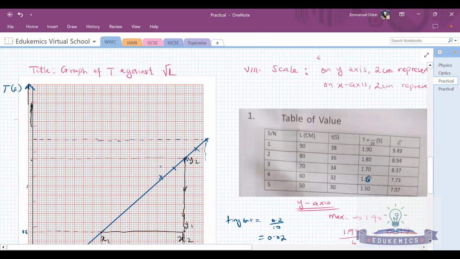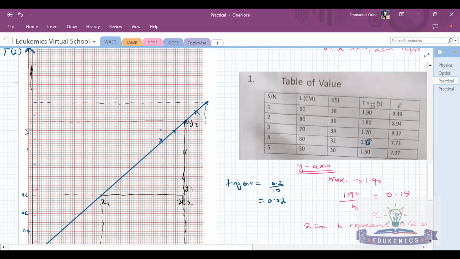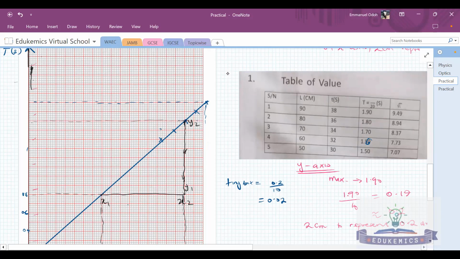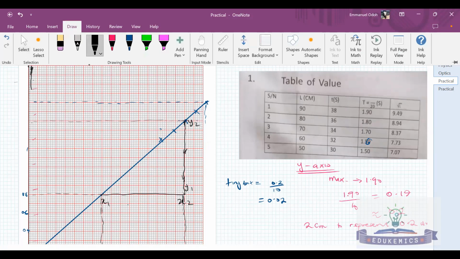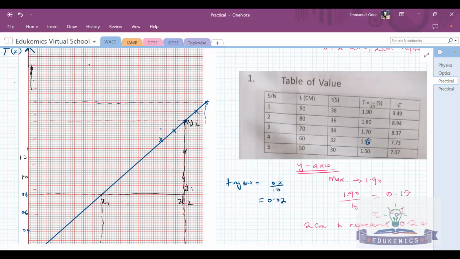But let me shift this first. So here it's supposed to be 1.0, 1.2, 1.4, 1.6, 1.7. This is where 1.8 is supposed to be.